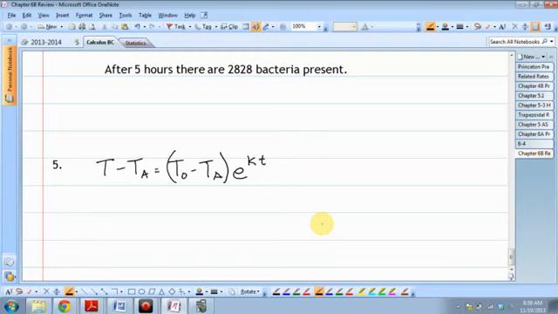What next? We know some variables. Do we know TA? 72. And do we know T naught? 190.